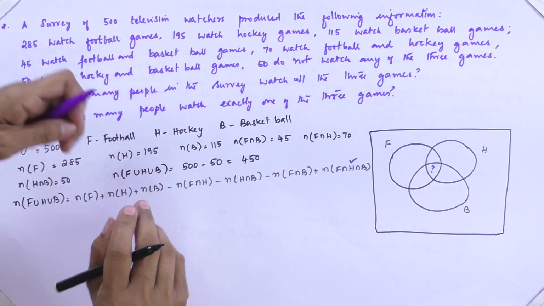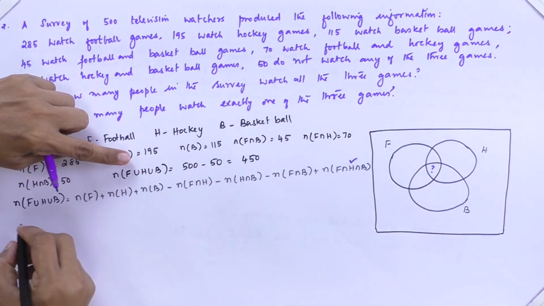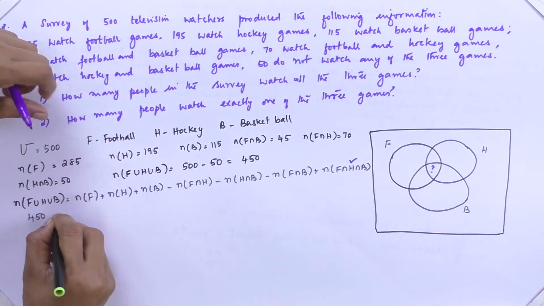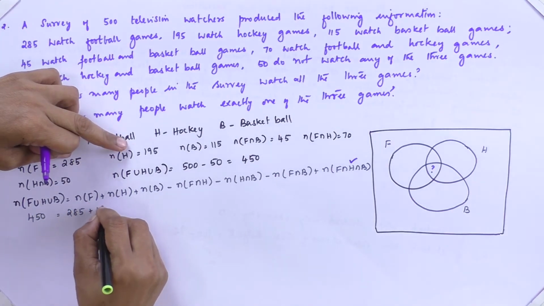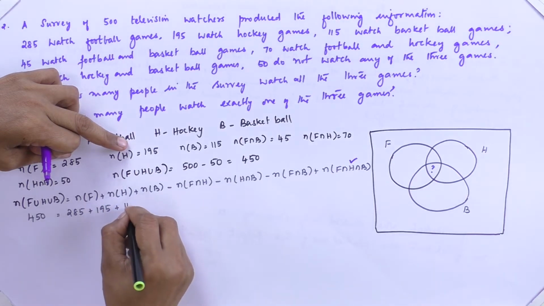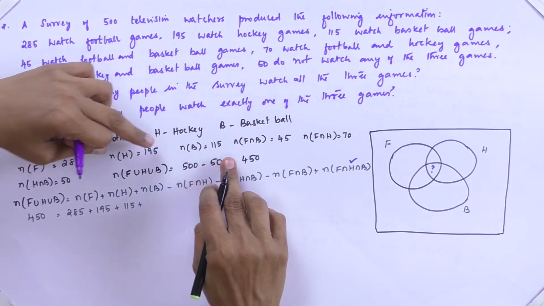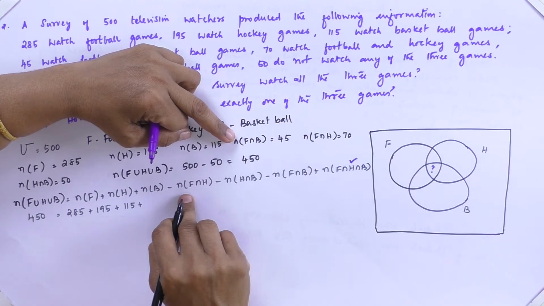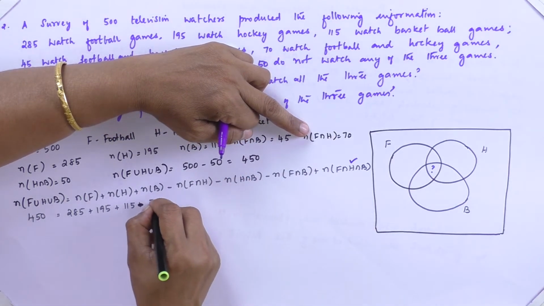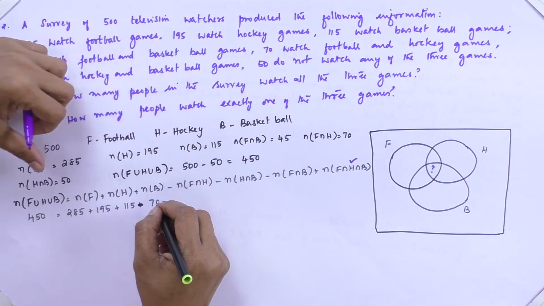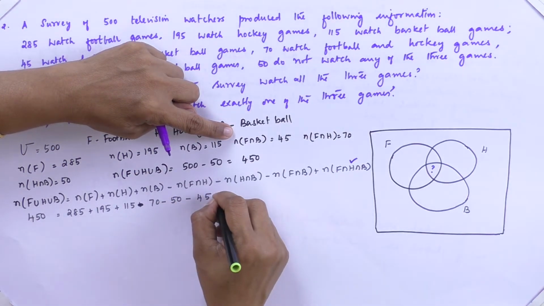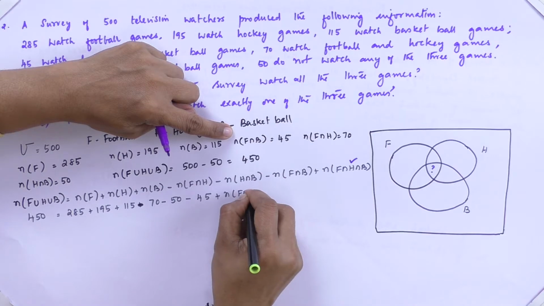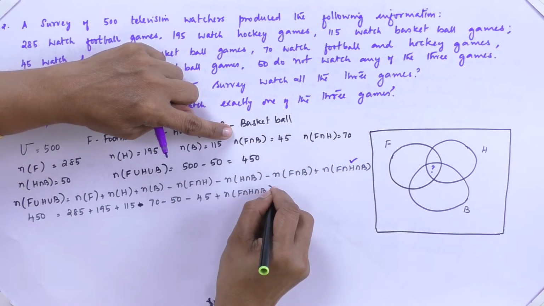So this is 450, which is equal to 285 plus 195 plus 115 minus N of F intersection H, which is 70, minus H intersection B, which is 50, minus F intersection B, which is 45, plus N of F intersection H intersection B.